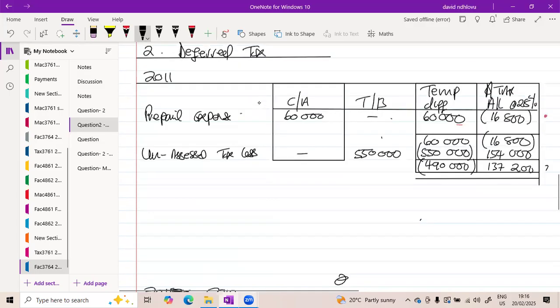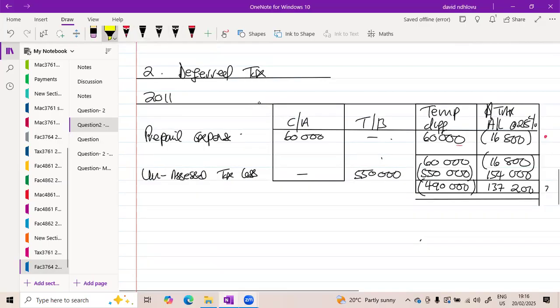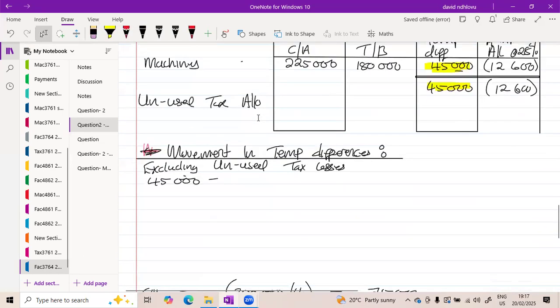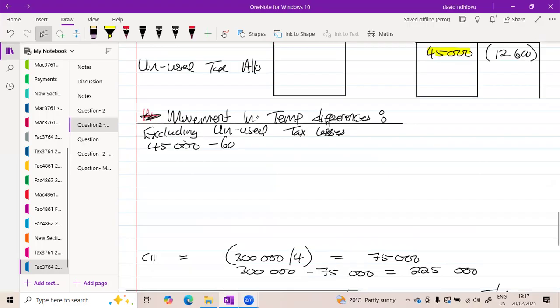Right, you go to the prior year. You want the figure before unused tax losses, which is that value, 60,000. So therefore, you now subtract the 60,000 here. It's 45,000 minus 60,000. That gives you a negative amount of 15,000.